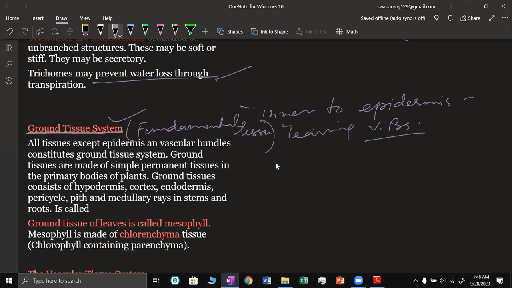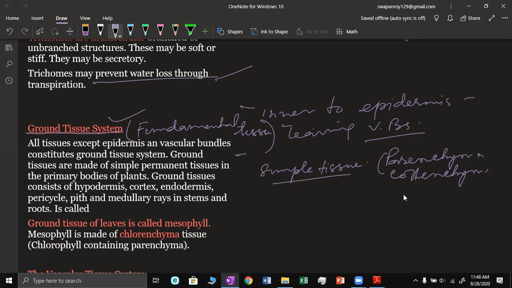This ground tissue is usually made of simple tissue, that is parenchyma, collenchyma, and sclerenchyma. The main one is parenchyma.